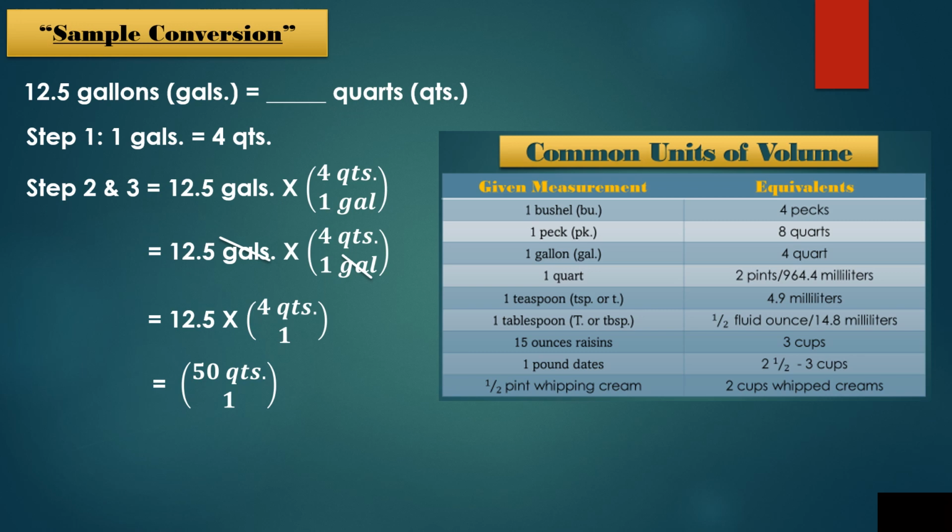So 50 quarts over 1 is equals to 50 quarts. Yun yung nakuha nating final answer. So 12.5 gallons is equals to 50 quarts. Always remember to box your final answer. Sana nakasunod tayo. Okay, next natin.